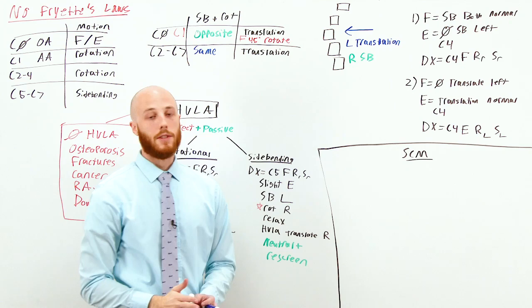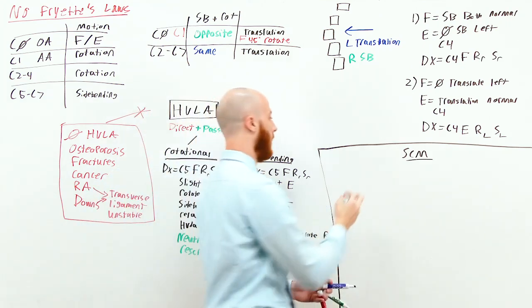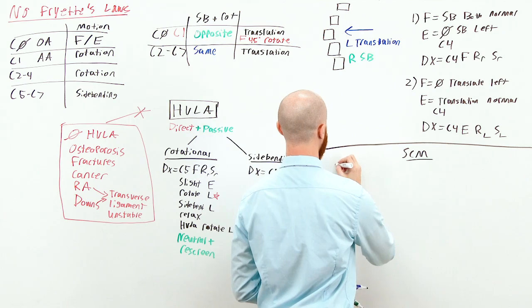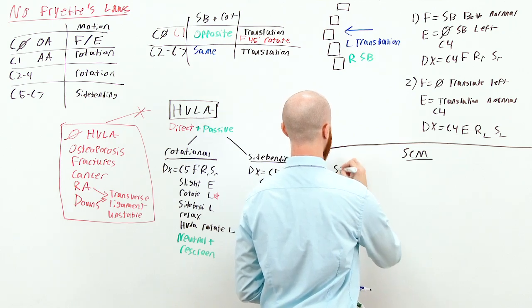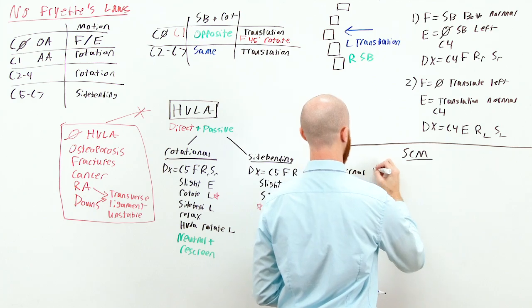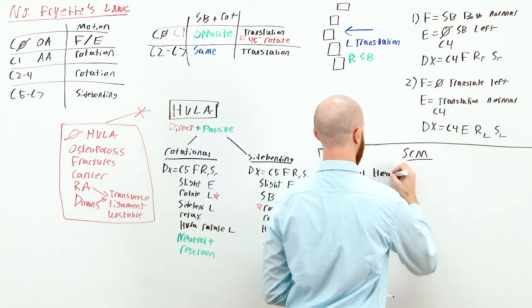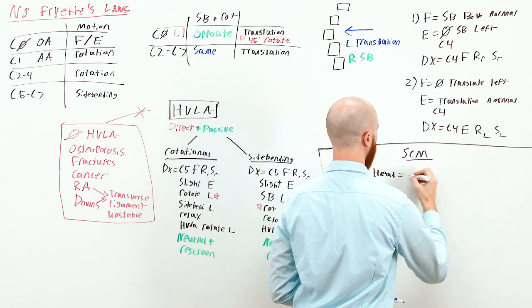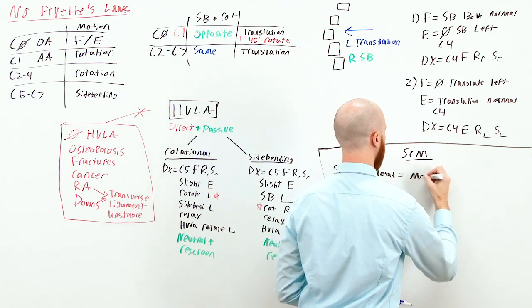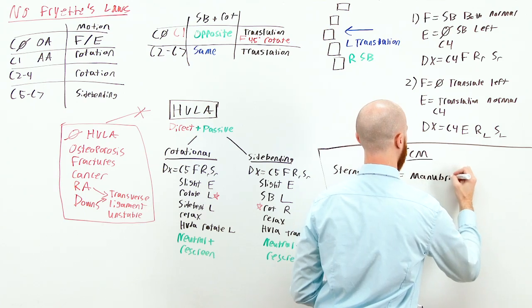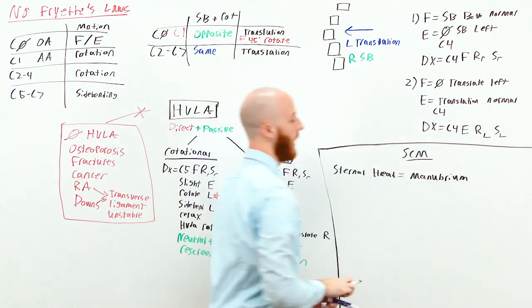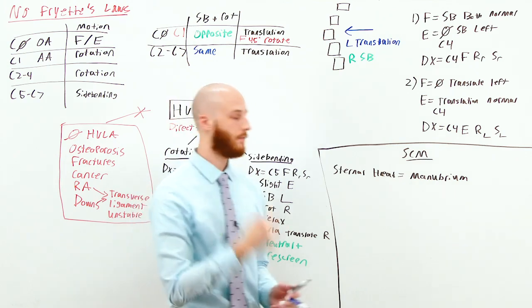So the SCM has two origins. It has a sternal head, which originates on the manubrium. So right at the top of the sternum.